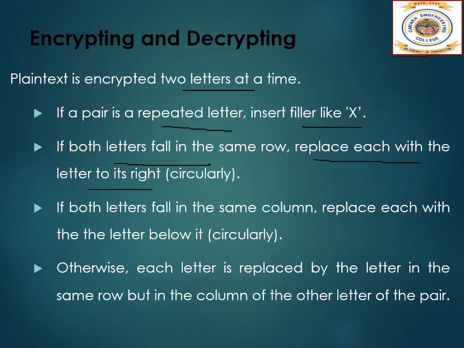If both letters fall in the same column, replace each with the letter below it, again circularly. Otherwise, each letter is replaced by the letter in the same row but in the column of the other letter of the pair. This is how encryption is done, and decryption is just the reverse of the encryption process. This is about the Playfair cipher encryption and decryption process.